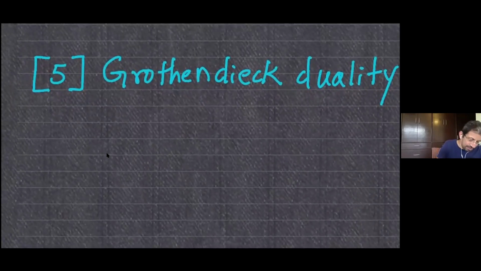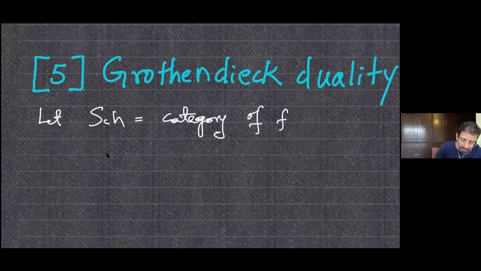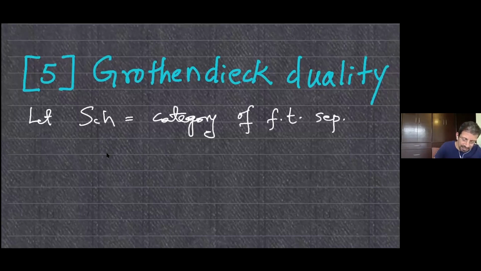So let SCH be the category of finite type separated schemes. I will be very brief because now the speed will be slower for writing. Separated is again a Hausdorff notion.